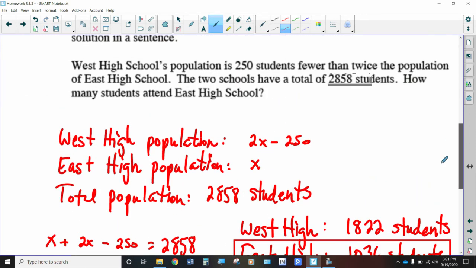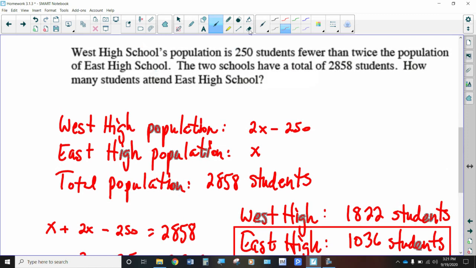All right, a little 5D problem. West High School's population is 250 students fewer than twice the population of East High School. All right, so let's make East High School our x. So 250 fewer means you're subtracting 250 from twice the population. So we're going to double this population, then take away 250.